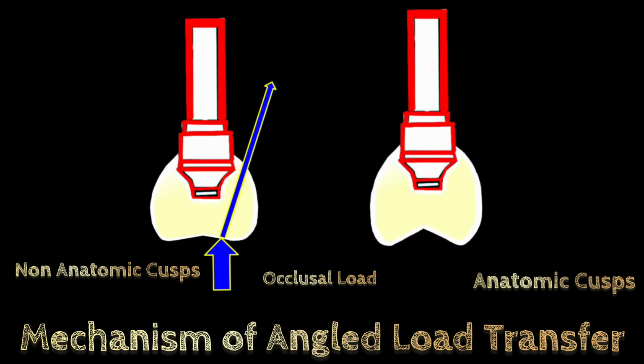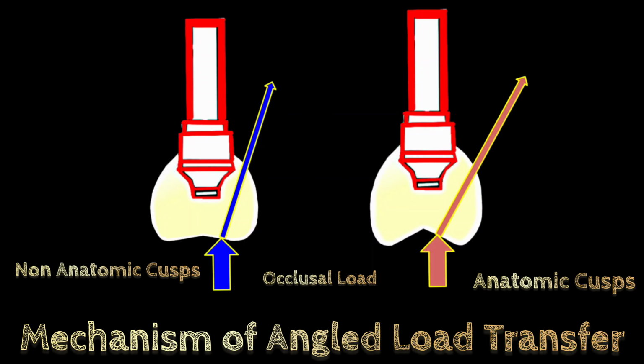The angulated cusps generate detrimental angled loads to the implant system. The flatter cusps direct the occlusal load to pass nearby the implant body, while the angulated cusps deflect the resultant line of force away from the center of rotation of the implant body.